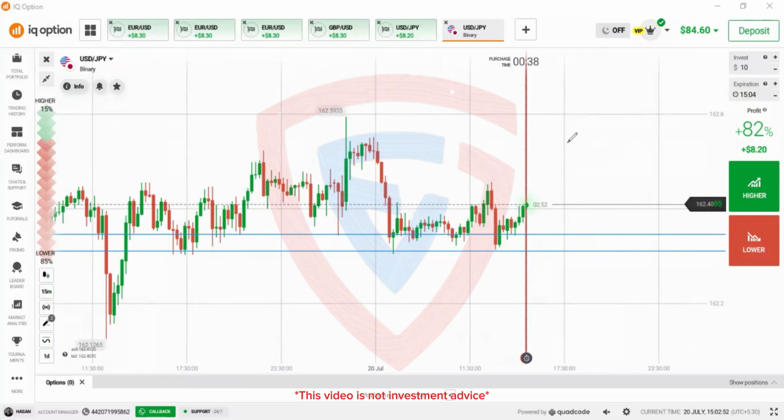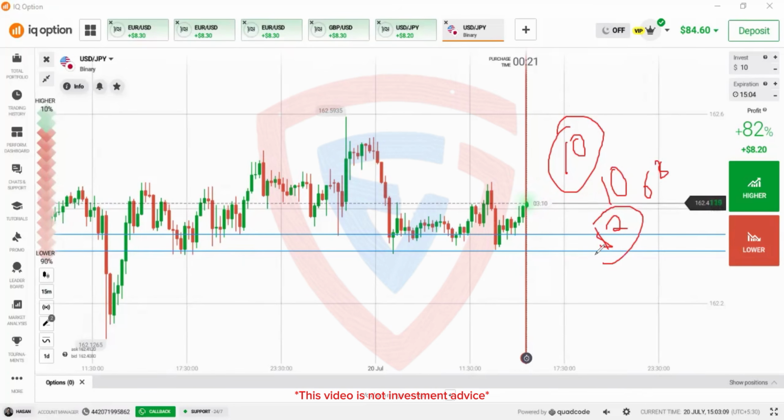If you invest $10, you lose the whole amount. But in Forex, if you invest $10, you can put your stop loss at $2 and you can target $6, $8, 2 times, 3 times. So you lost only $2. The profit is very high if you target these points and these points.